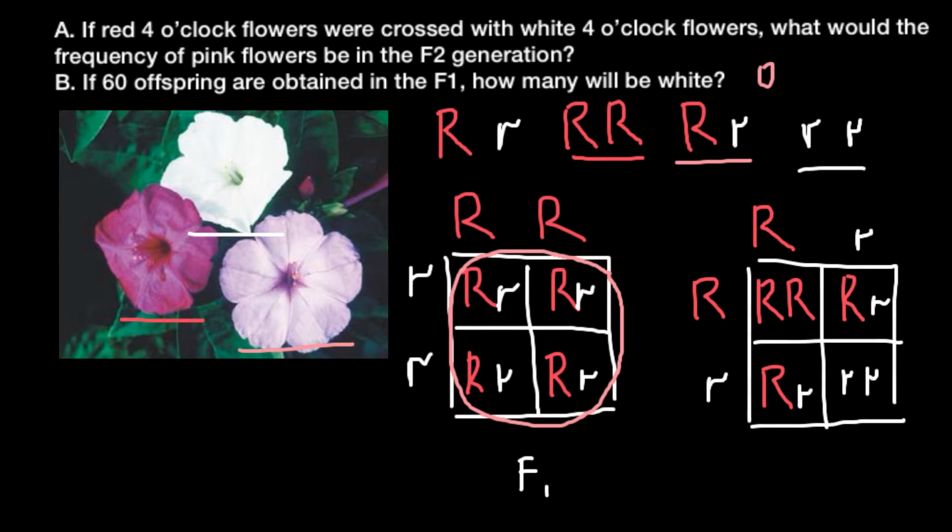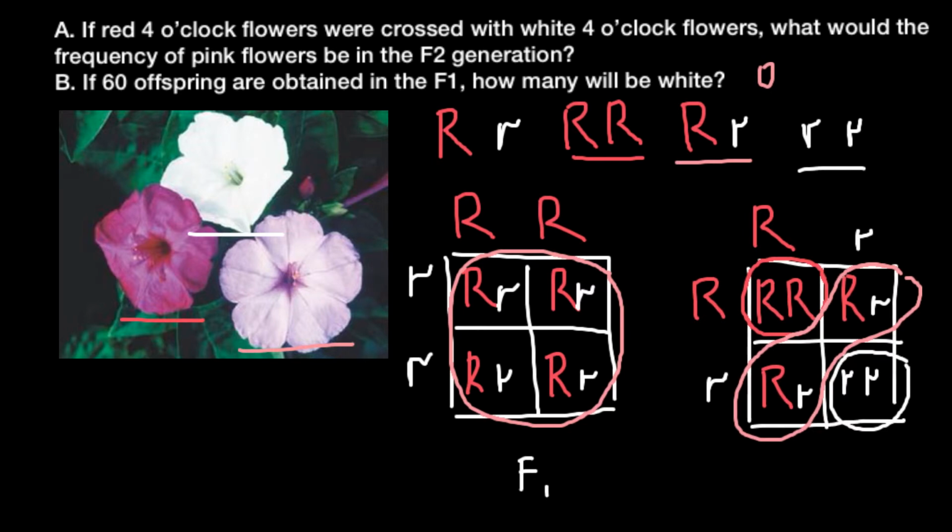So this genotype would stand for the red phenotype, or plants with red flowers, the heterozygous genotype would stand for the plants with pink flowers, and the homozygous recessive genotype would stand for the plants with white flowers.